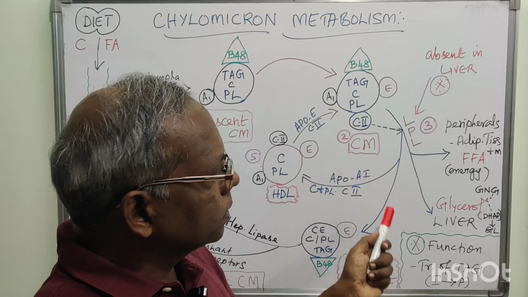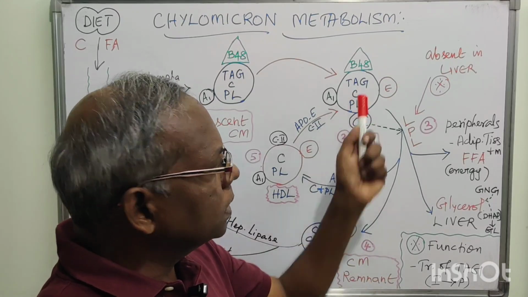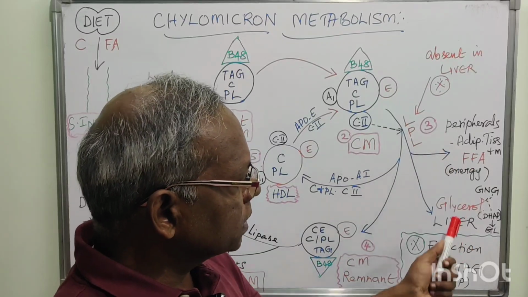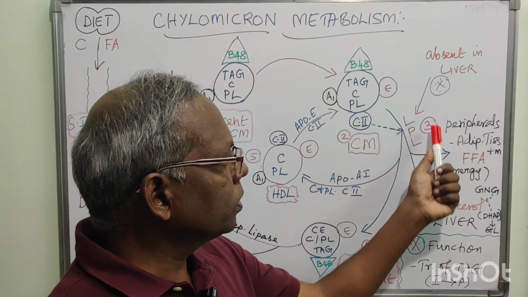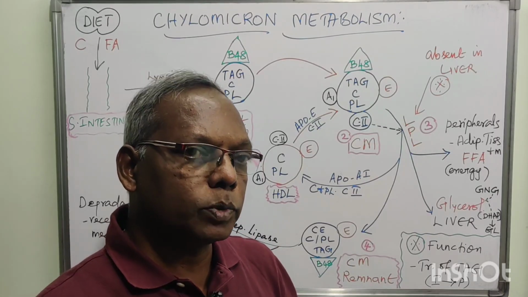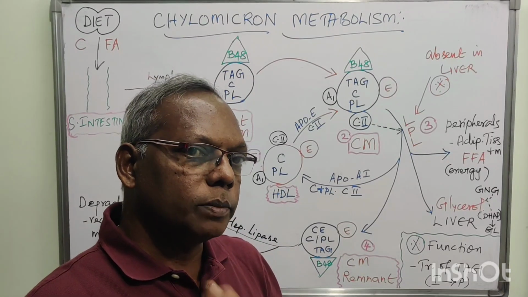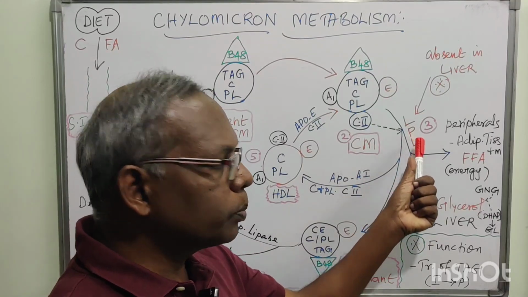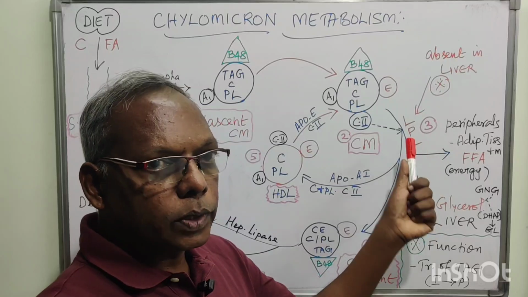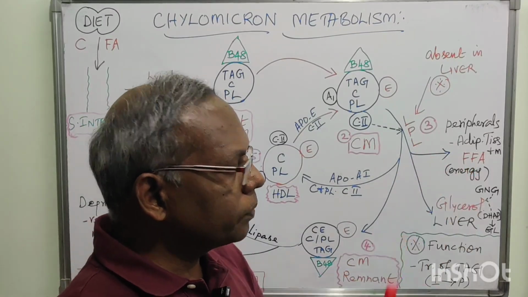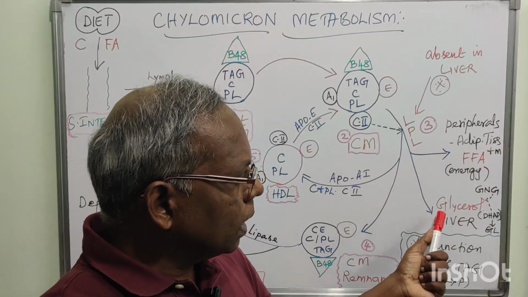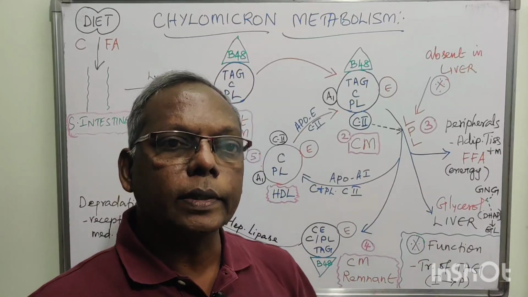After chylomicron formation, the triacylglycerols are converted into free fatty acids and glycerol by an important enzyme present in the vessel wall of adipose tissue, skeletal muscle and cardiac muscle: lipoprotein lipase. It liberates free fatty acids to the adipocytes and muscles, and glycerol to the liver.